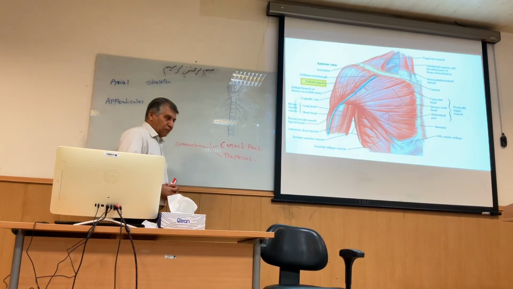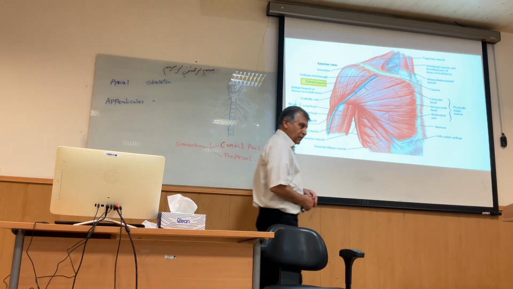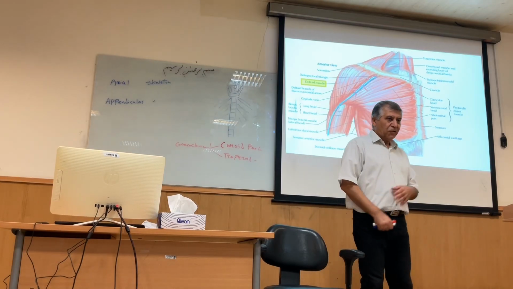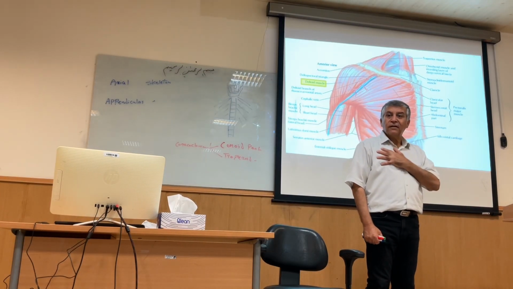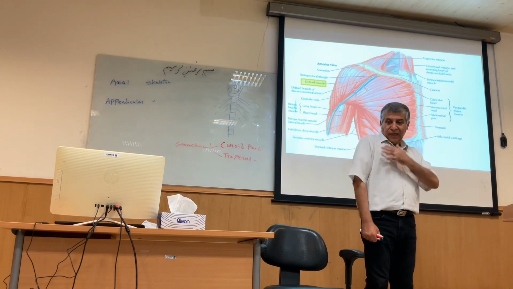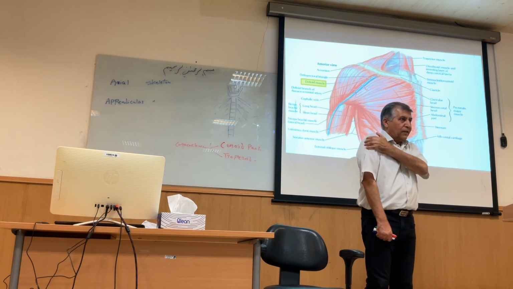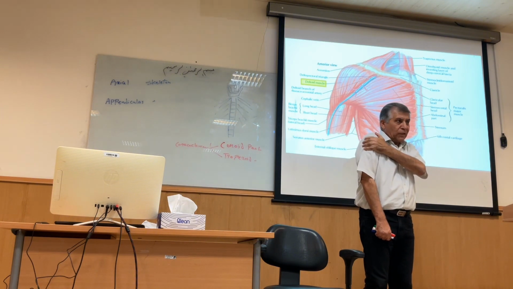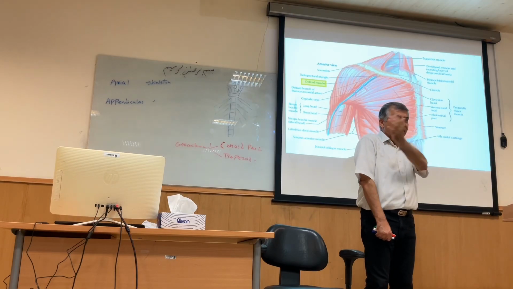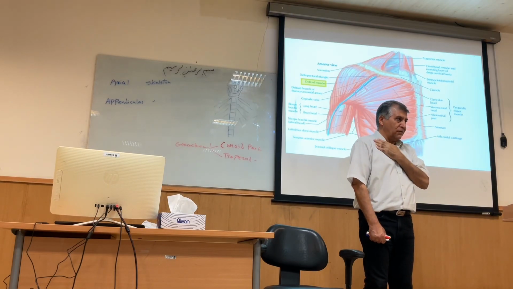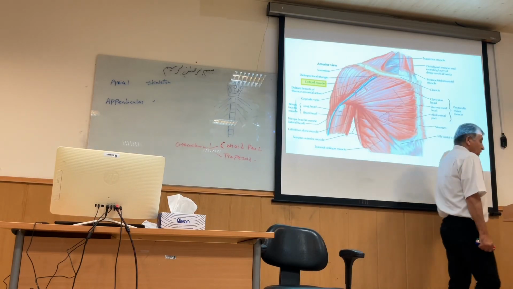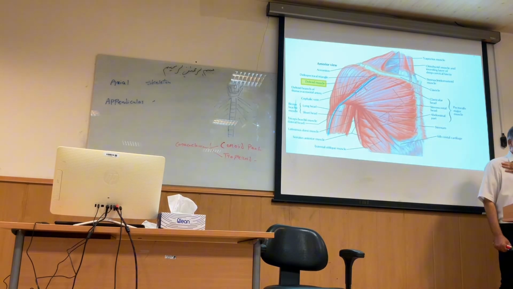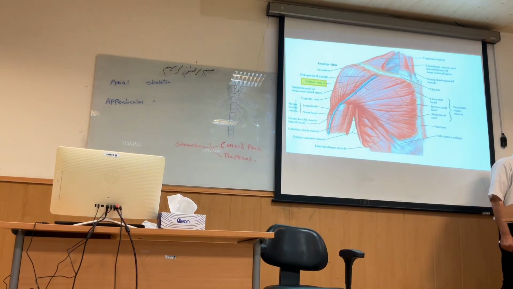The clavicle is important because some muscles attach to it. For example, anteriorly, this muscle, pectoralis major, and this muscle, deltoid, attach to the clavicle. Superiorly, this muscle, what is this?